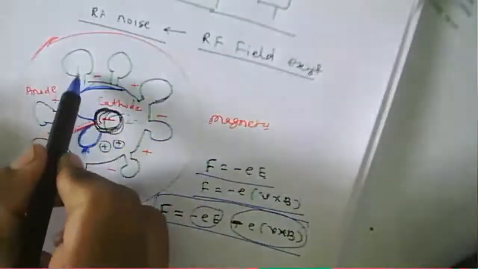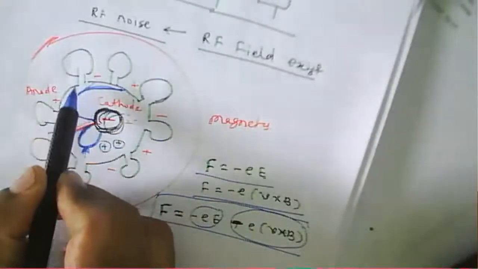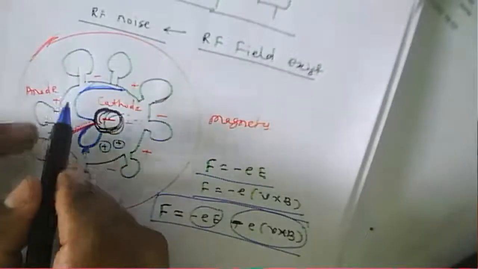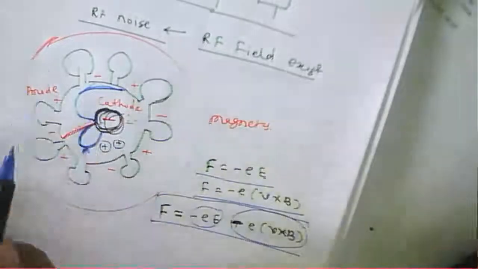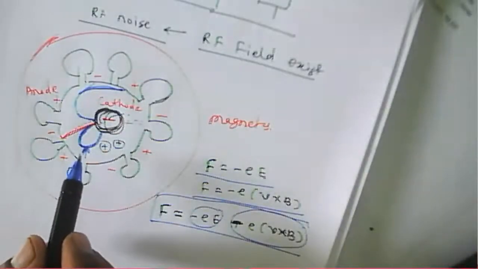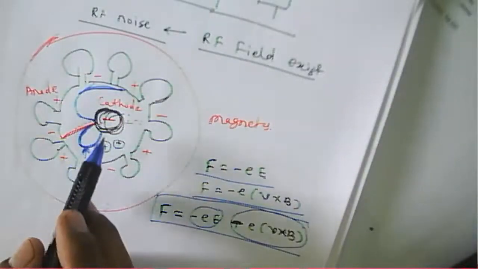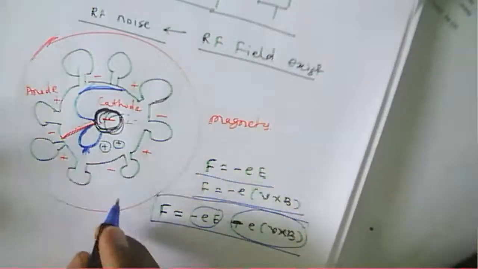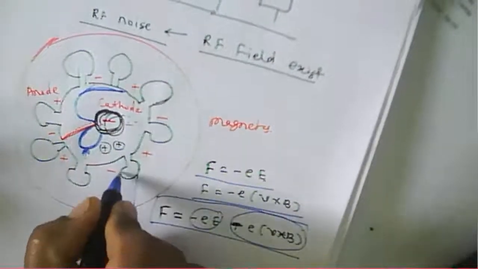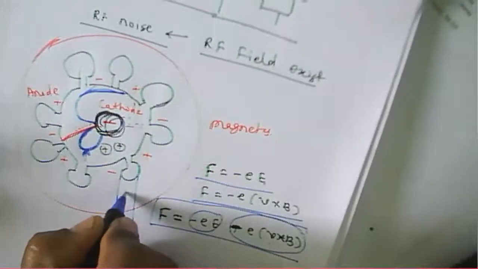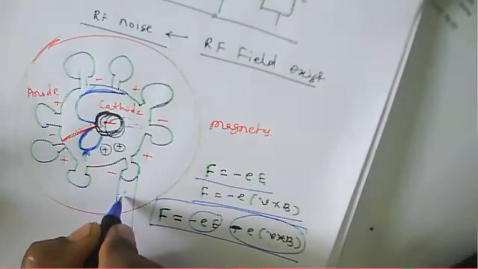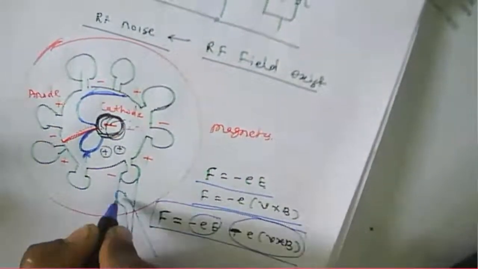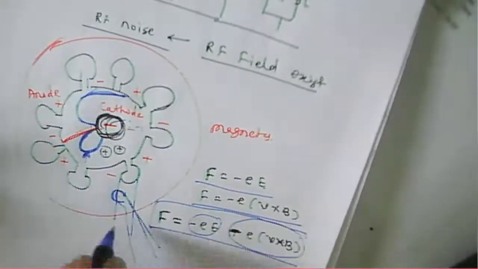To achieve that oscillation, whatever RF losses are present in this particular system and the RF oscillation energy generated, if those are balanced, in that case we will get stable oscillation. Then from one of the cavities we can use a coupling loop to extract the output.